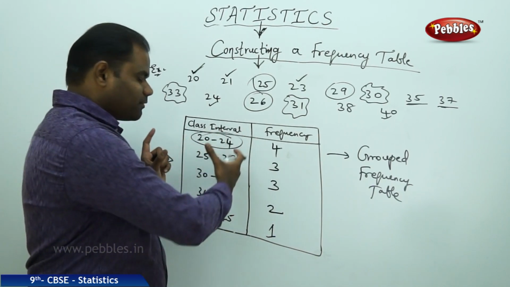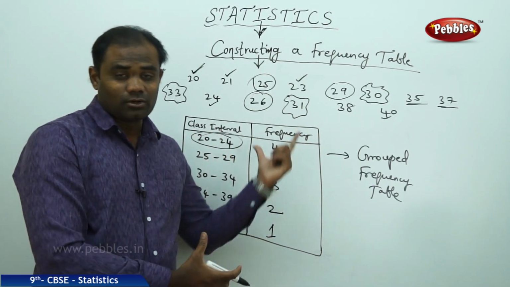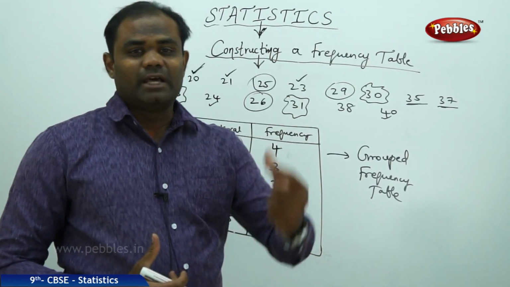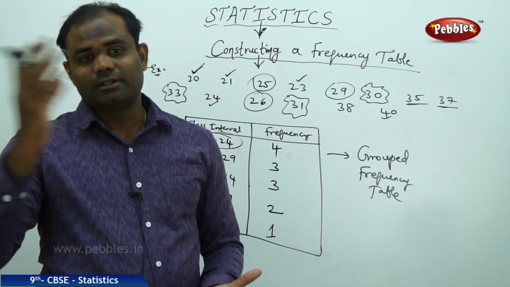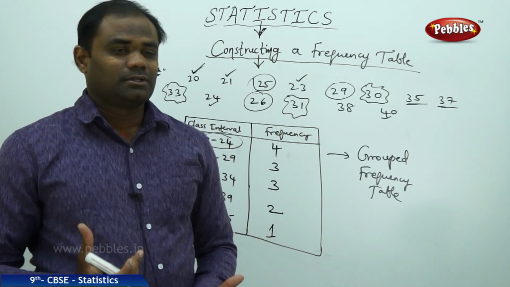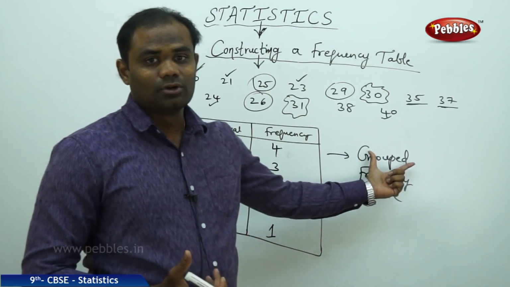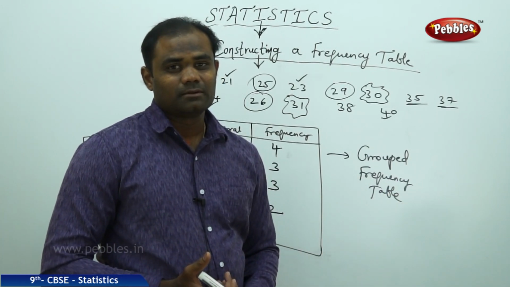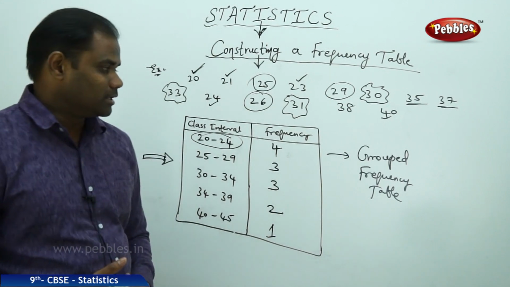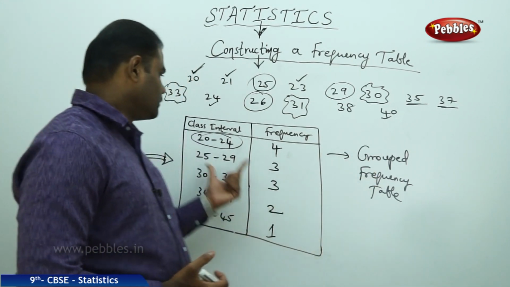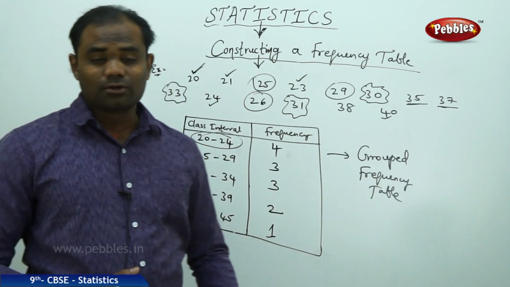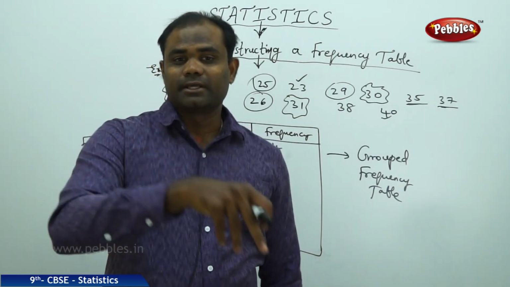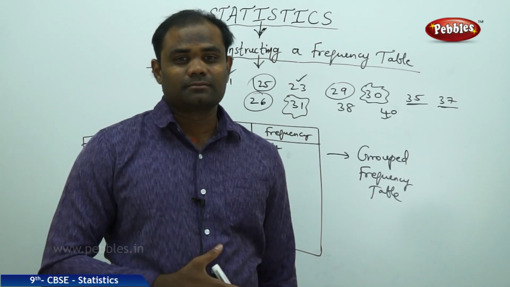If you do not group the marks in order to obtain frequency, like in the previous example problem, if you directly take the marks listed and their frequency, such a table is called an ungrouped frequency table. Frequency table is of two types. One is the grouped frequency table where the data is grouped, and the ungrouped frequency table where the data is not grouped. We directly take the data with their frequency.